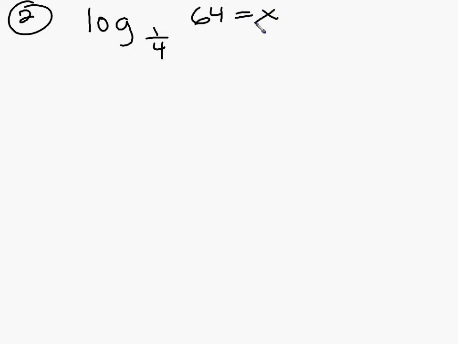And of course, there are those kind of strange situations where you have to deal with maybe a positive or a negative exponent, like this one, log base 1/4 of 64 equals x. A lot of the same situations we dealt with before, where when I switch this one around, I'm going to have 1/4 to the x equals 64.